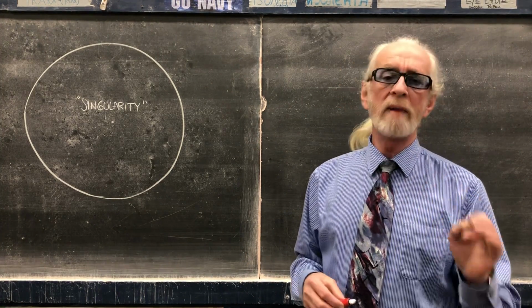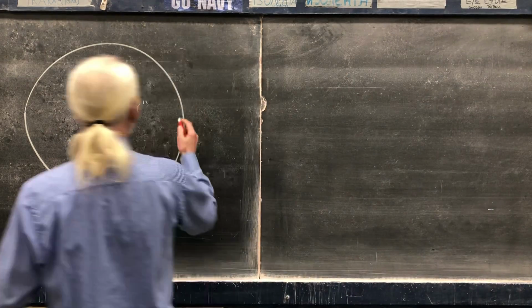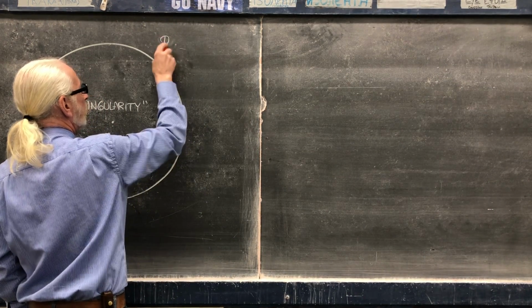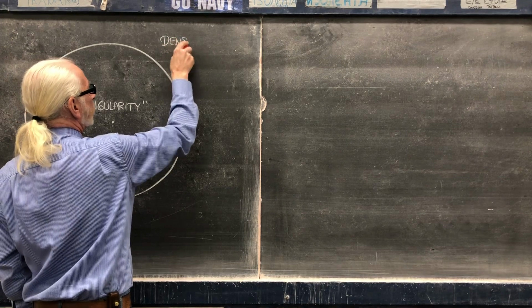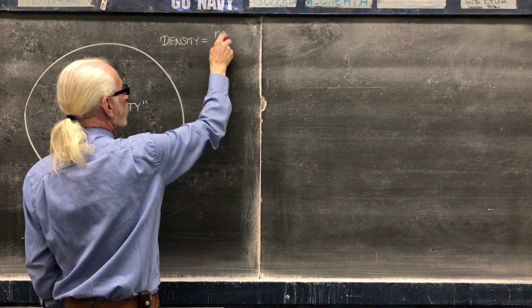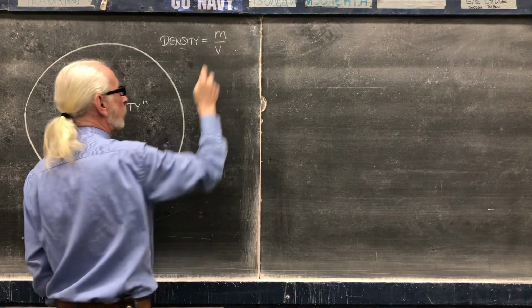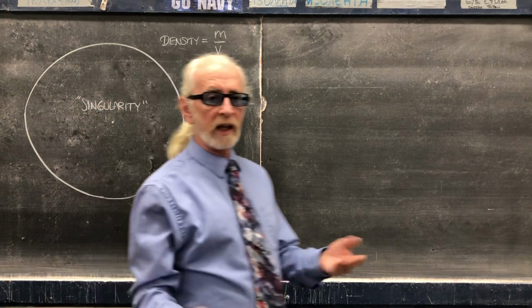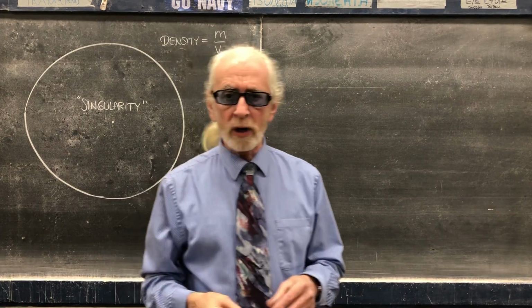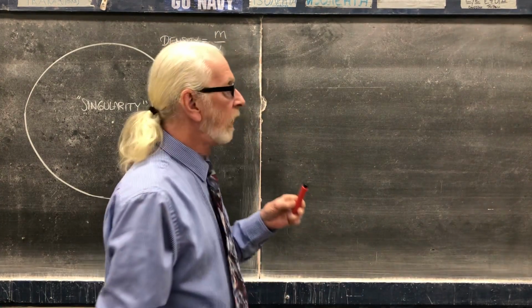When we talk about mass density, that equals mass over volume. So many kilograms per cubic meter. And we've already talked about this in other contexts.